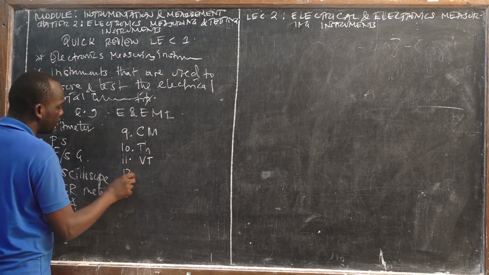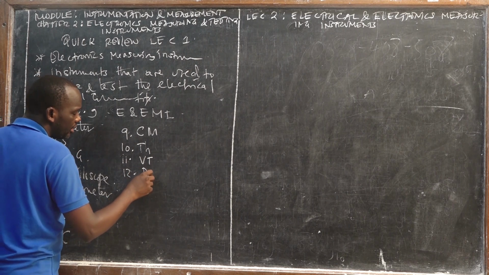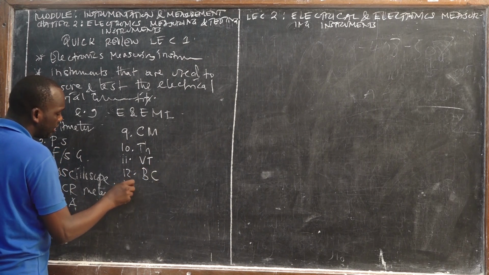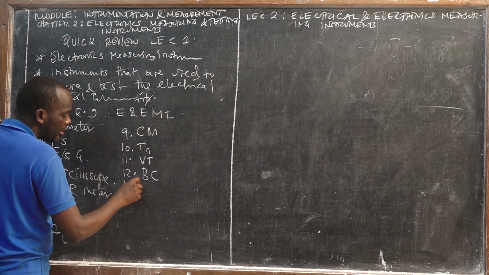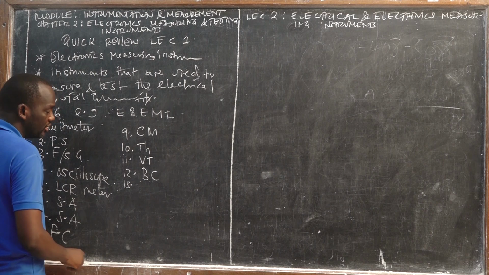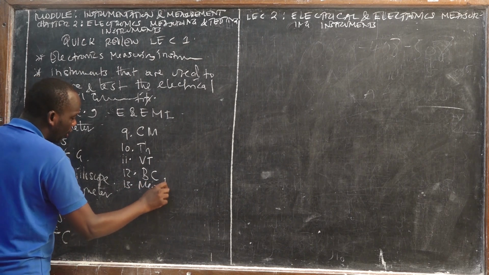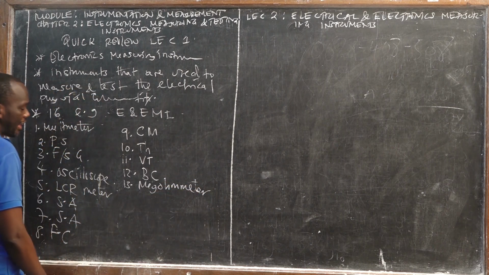Number 12 is the bridge circuit. Number 13 is the insulation tester, the Megger ohm meter.